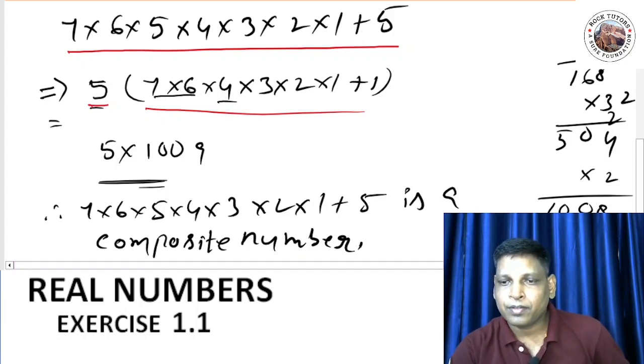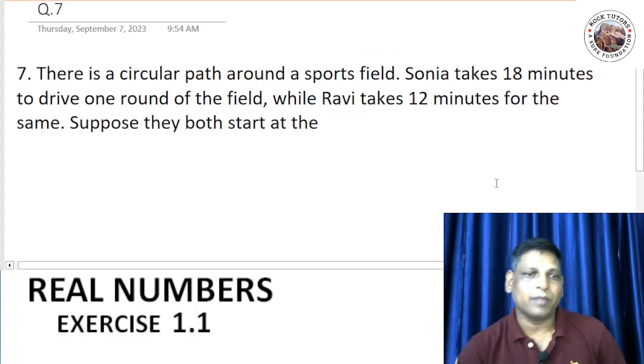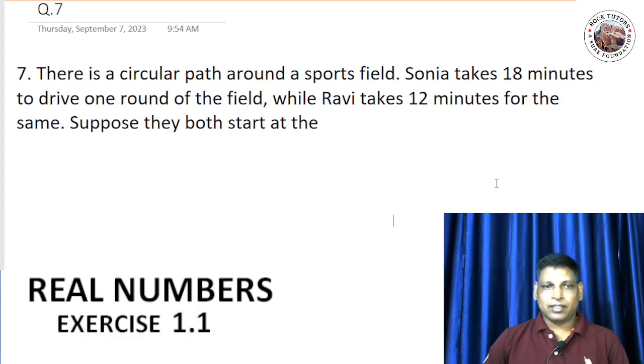Last question for this exercise. There is a circular path around a sports field. Sonia takes 18 minutes to drive one round of the field, while Ravi takes 12 minutes for the same.